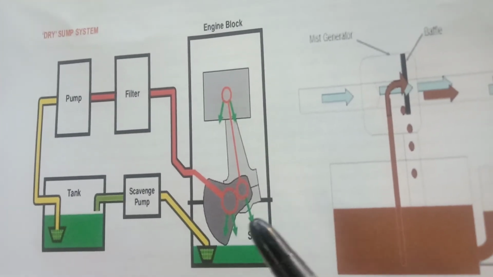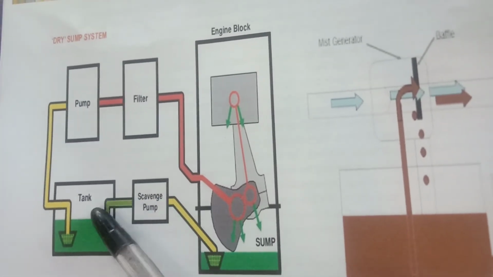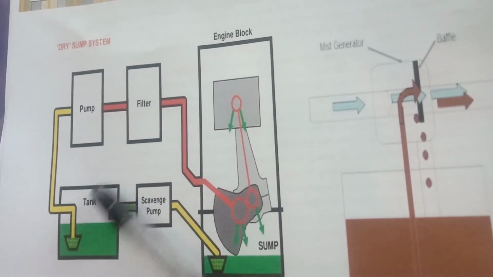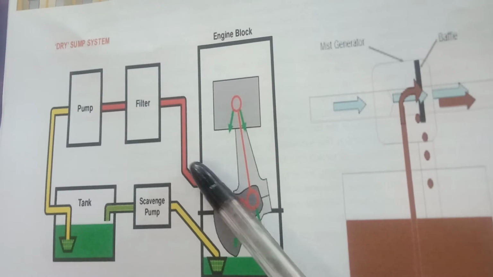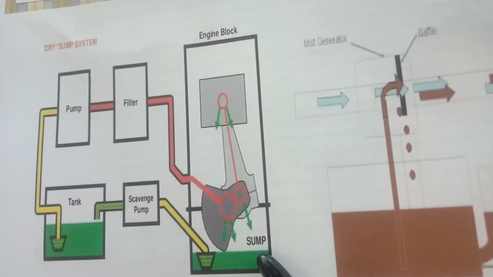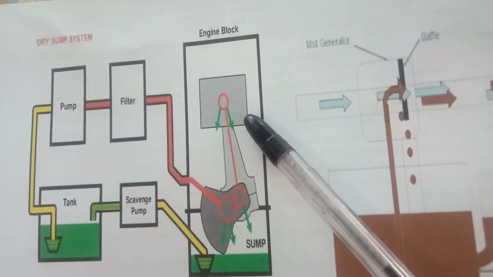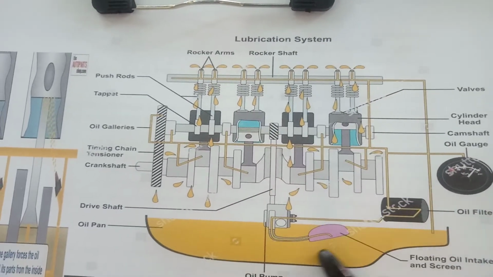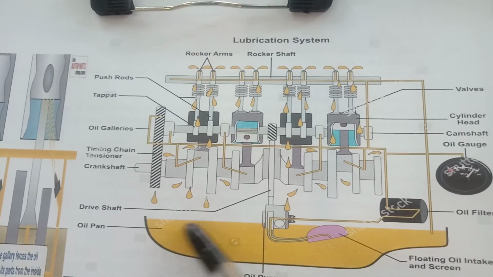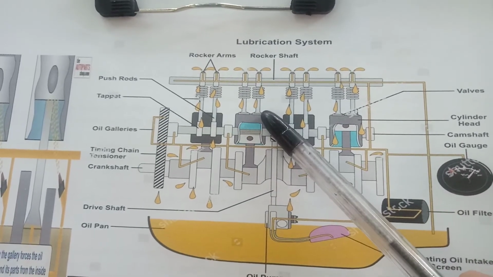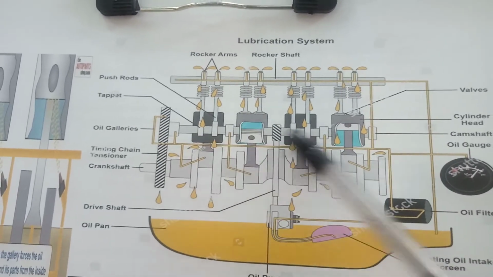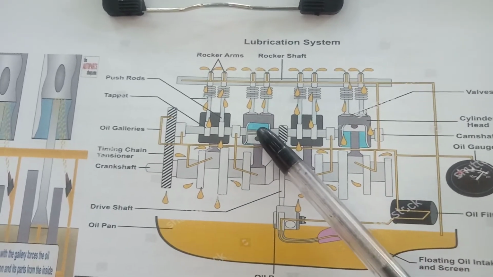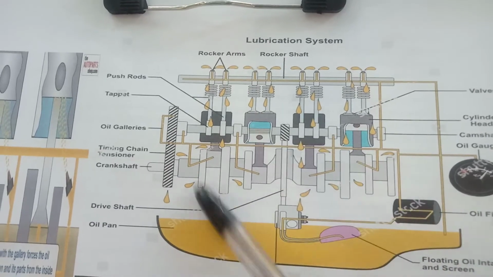Because the oil is stored in this tank, even if the complete engine is tilted 180 degrees, the oil will not move in the upward direction. For example, in the wet sump lubrication system, if the engine is tilted 180 degrees, all the oil present in the sump will move towards the head of the engine, that is towards the piston, due to which the engine will stall.